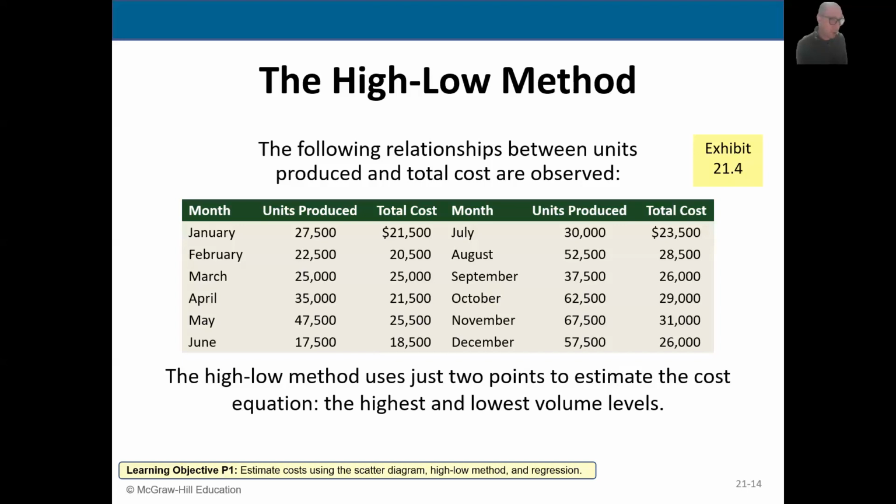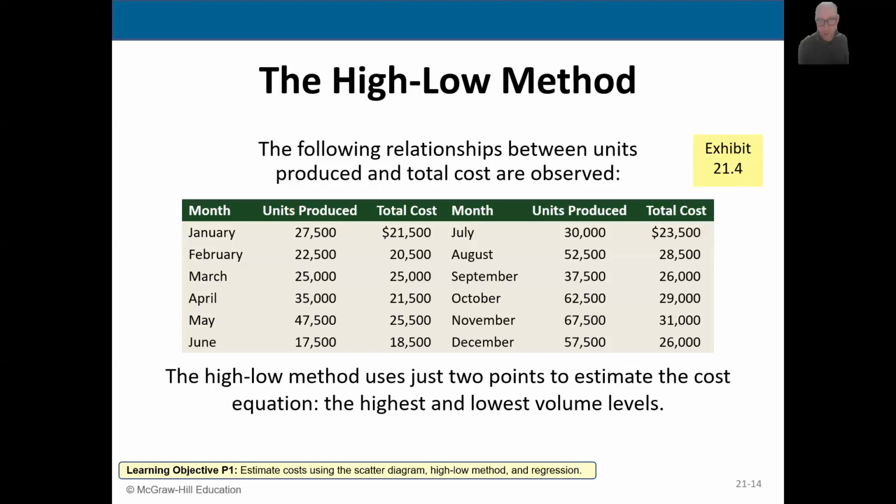Looking at step 1, we identify the highest and lowest volumes, and the costs are not always aligned with those. Okay, so we see that November is the highest units produced. What about the lowest?